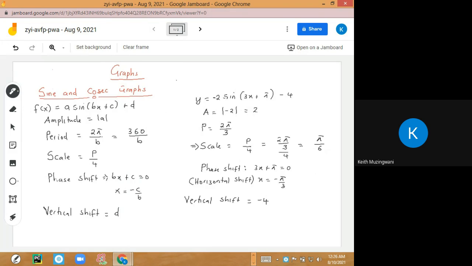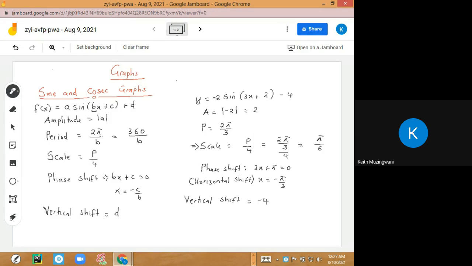What is the position of b? The position of b is the coefficient of x. Whatever x is, I'll rearrange the equation until it looks like this, and the coefficient of x is what I'll call b, and I'll divide the 2 pi or the 360 by b. The number I get is the period of the function.